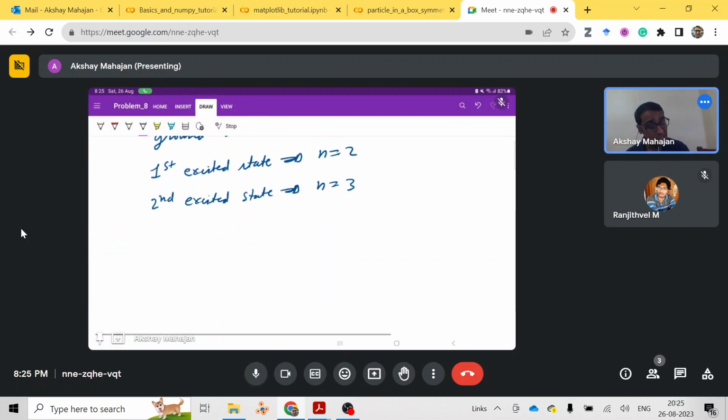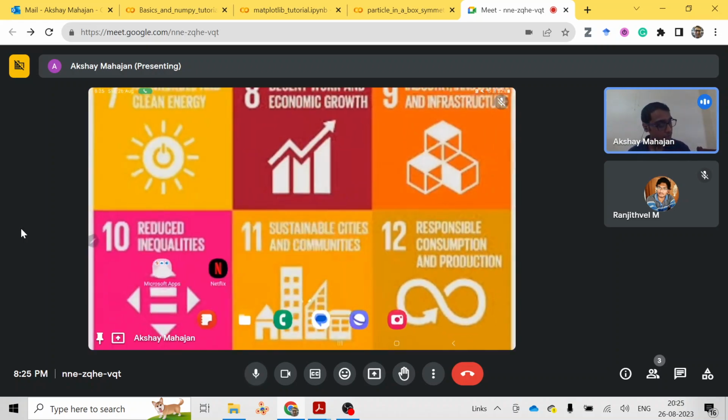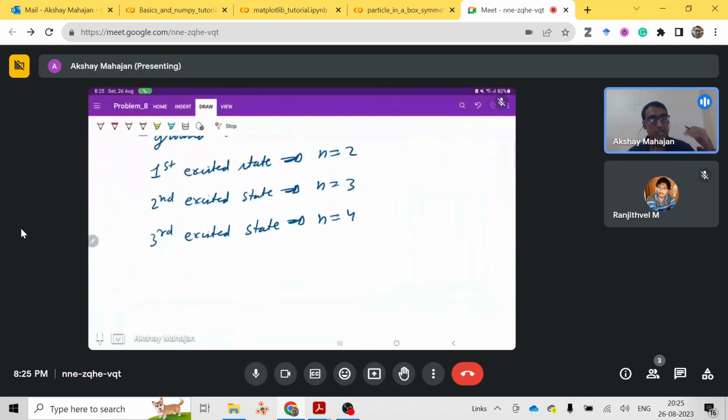When we say second excited state, it means n equals 3. And now we are saying third excited state, which means n equals 4, the fourth energy level.